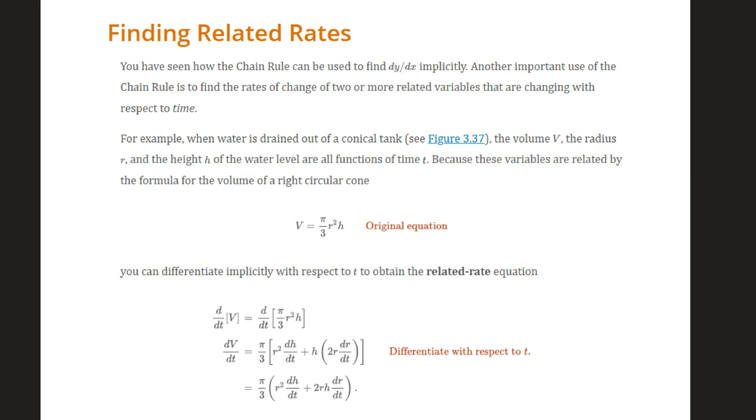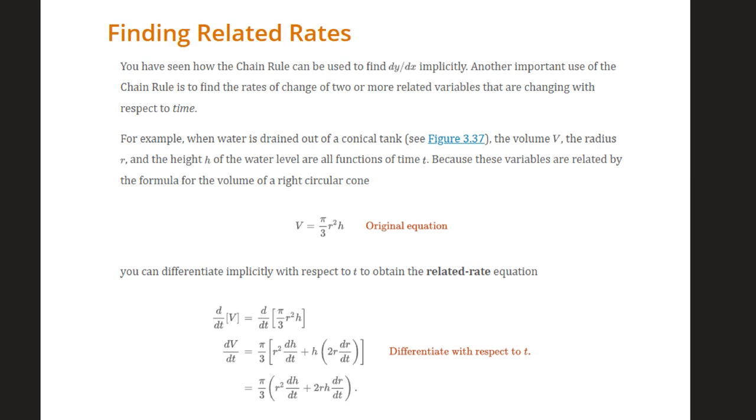Volume of a cone can be calculated, and if you remember your geometry, volume is 1/3 pi times r squared times h. Well, if water is leaving a conical tank, your volume will decrease, the radius will also decrease, and so will the height. Those change over time. All three variables can be differentiated with respect to time.